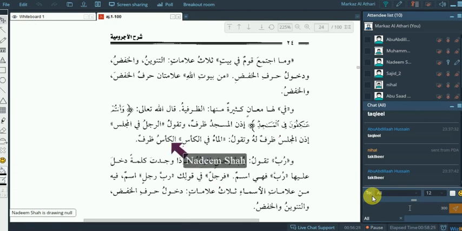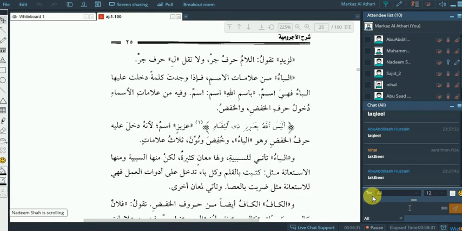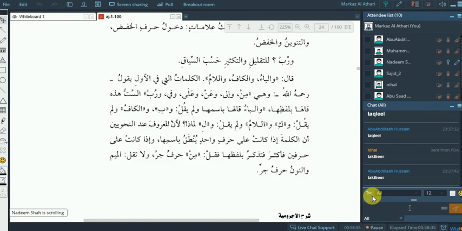Let's go to 24, just at the end of 24. Shaykh said over here, and the author, Ibn al-Ajurrum, said, والباء والكاف واللام. الكلمات التي في الأول يقول رحمه الله من وإلى وعن وعلى وفي ورب.